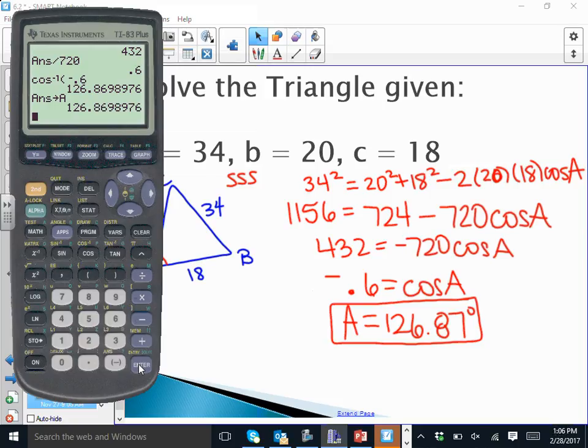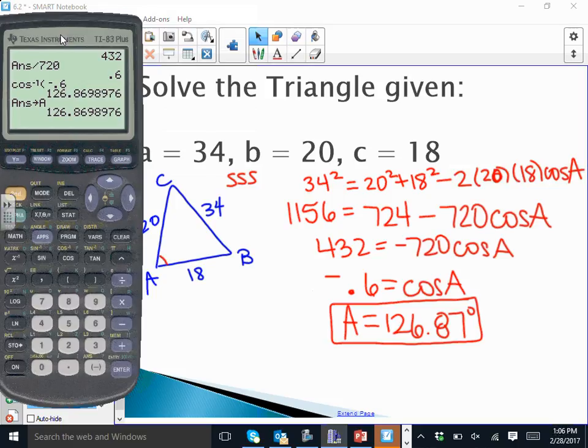Some of you may not like the law of cosines as much, especially when you are solving for an angle. So at this point, since we know angle A, technically, yes, we have a side and an angle, so we can switch to the law of sines.